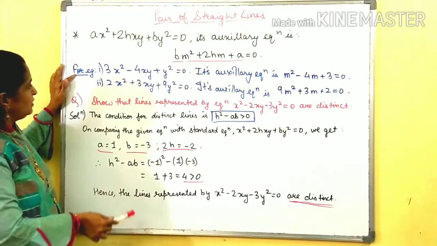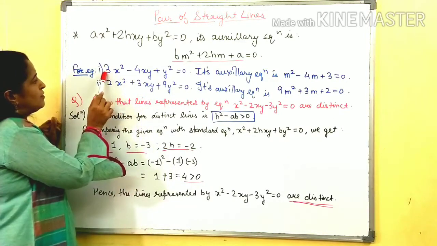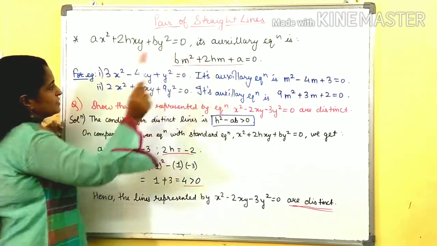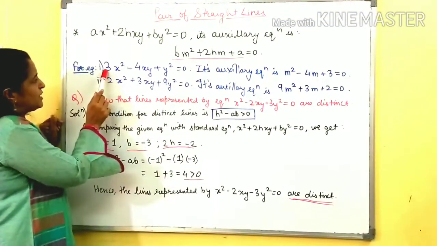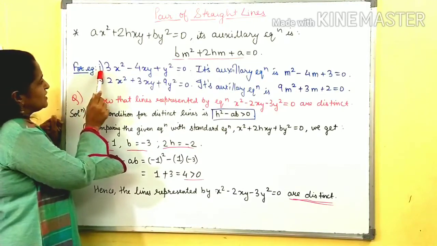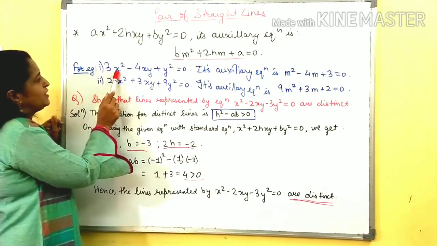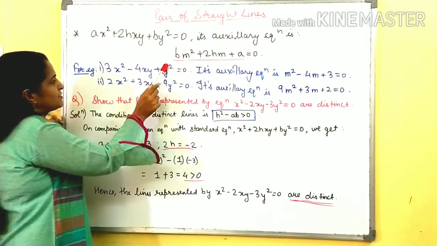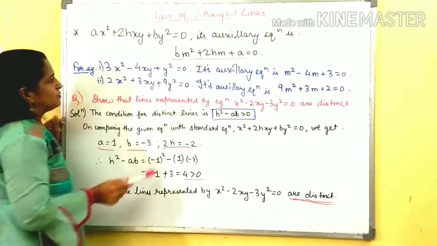For example, for a pair of lines equation, you have to write down its auxiliary equation. The first example is 3x square minus 4xy plus y square is equal to 0.